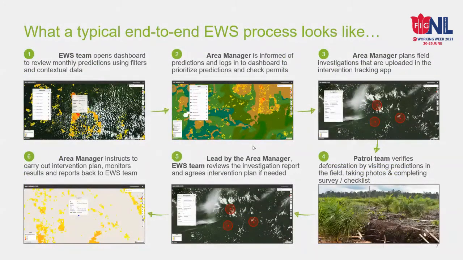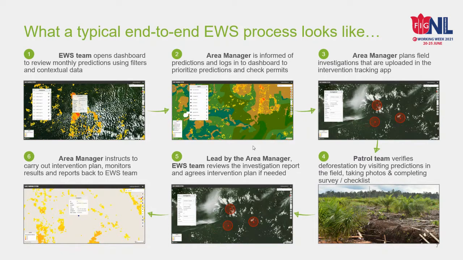But EWS is not just a tech part, not just AI. We look at the whole system from start to end, from the data collection I just mentioned and the AI model, and then we take those results into a dashboard. And that's what we see here at step 1, a dashboard with the predictions and the contextual data, and in 2, we see that the area manager can prioritize the predictions.